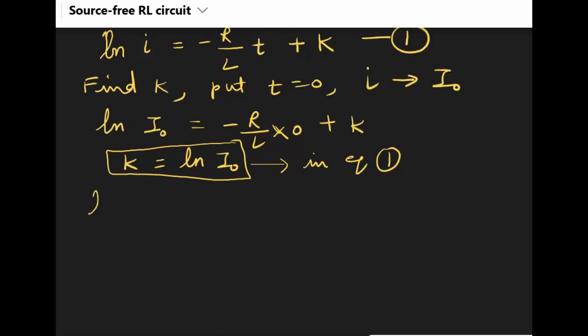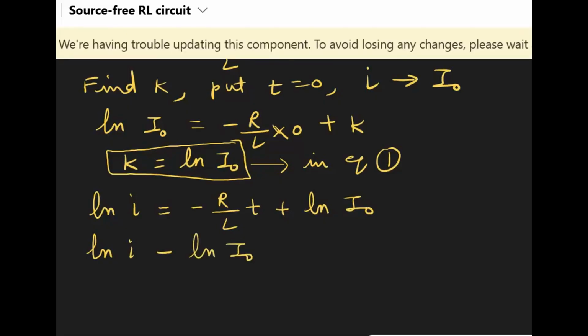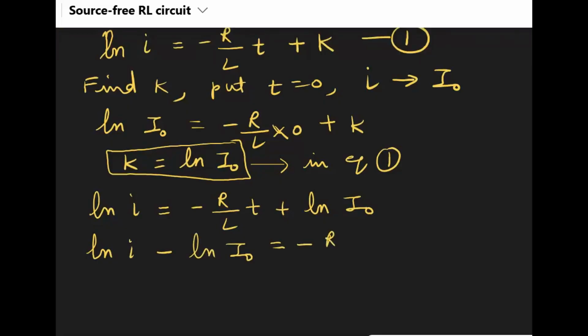So ln I equals minus R by L t plus ln I0. Taking both the log terms to the left hand side and using logarithmic algebra, ln of I upon I0 equals minus R by L t.